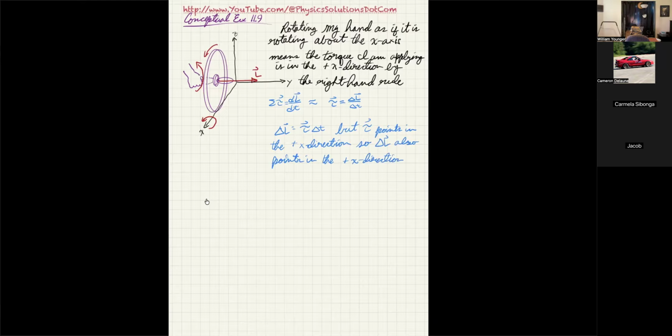So if our initial angular momentum is L, and let's draw this coordinate system so we'll know what we're talking about. There's my Z, there's my X, there's my Y, and then all of a sudden my torque is this way. Then my delta L, which equals torque times delta T, is that way as well.